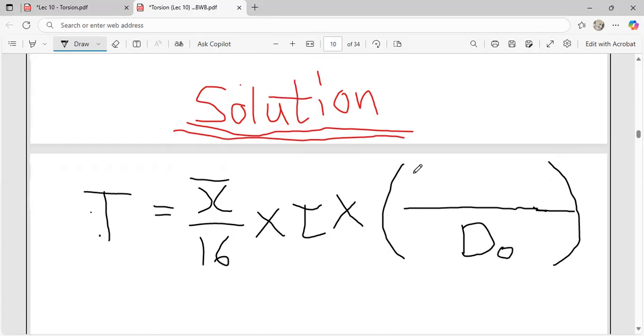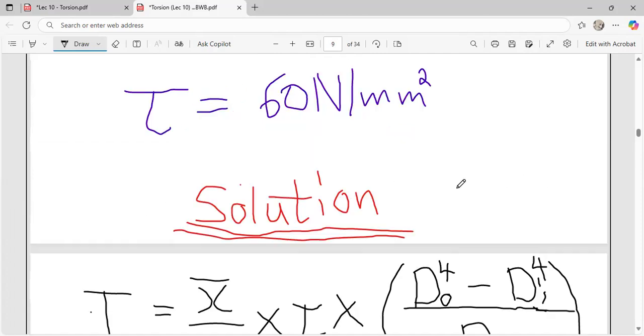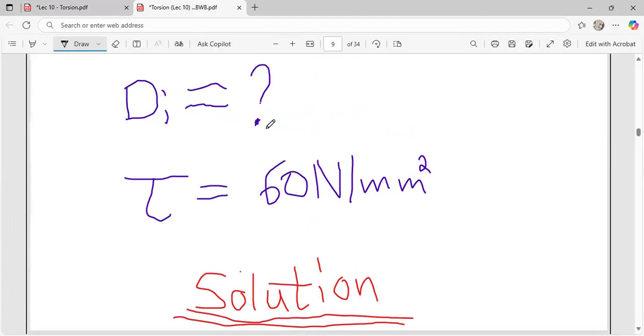Anywhere you see this attribute O, it means external diameter. Okay, so from the formula, it implies that we have to look for our internal diameter, which is the DI.